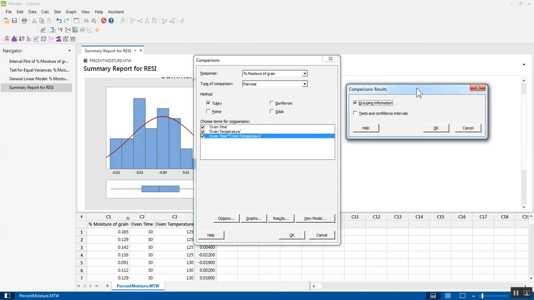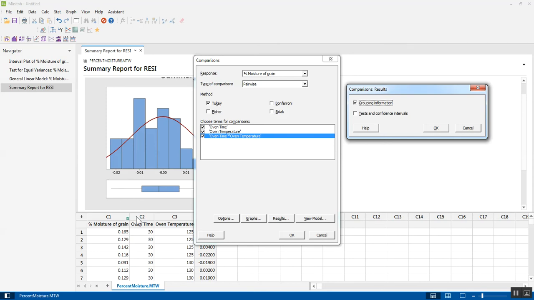Remember, we could also get Minitab to give us p-values against all possible pairwise combinations. So the mean moisture content at an oven time of 30 minutes at 125 degrees C, is that significantly different to the mean moisture content at 30 minutes at 130 degrees C?